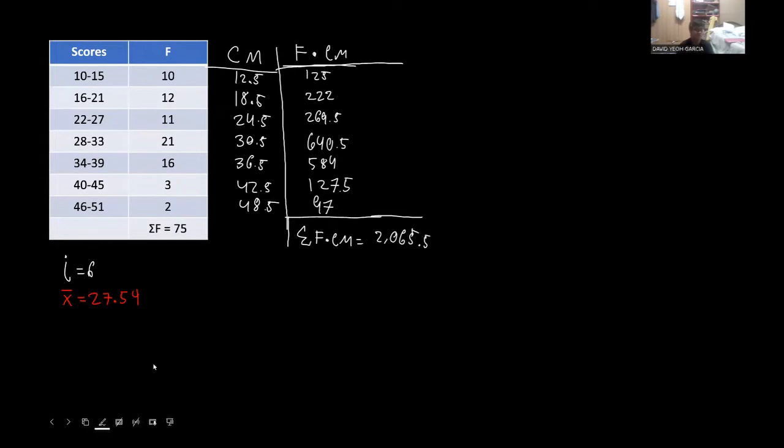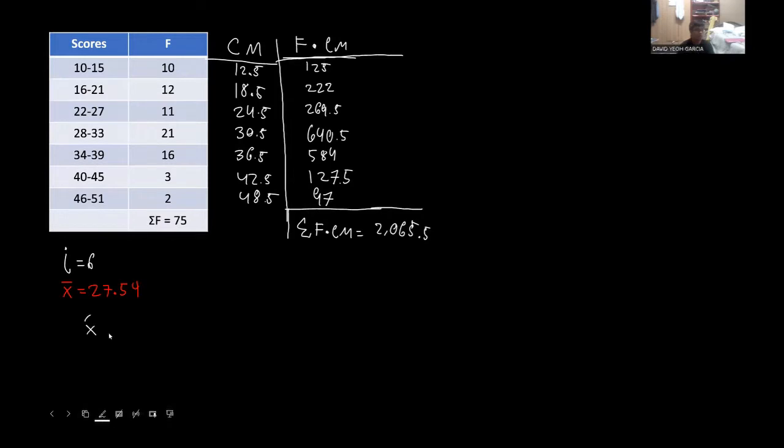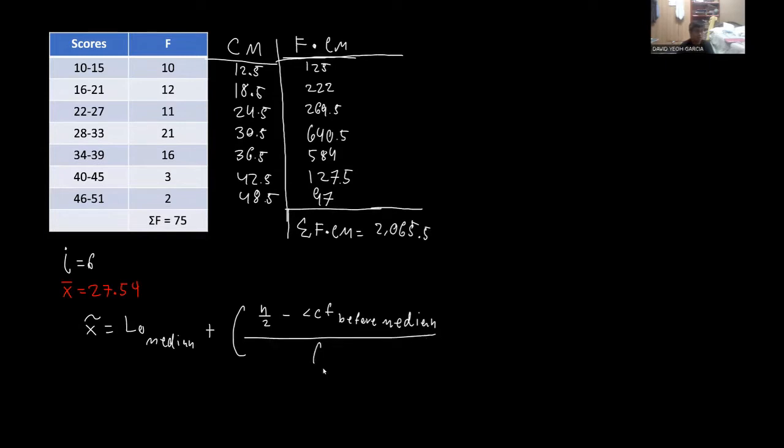Now let's find the median. For the median, we're going to use this formula: lower boundary of the median class, or median for short, plus the quantity n divided by 2 minus the less than cumulative frequency before the median, all over the frequency of the median class, times the class width, which is basically 6.